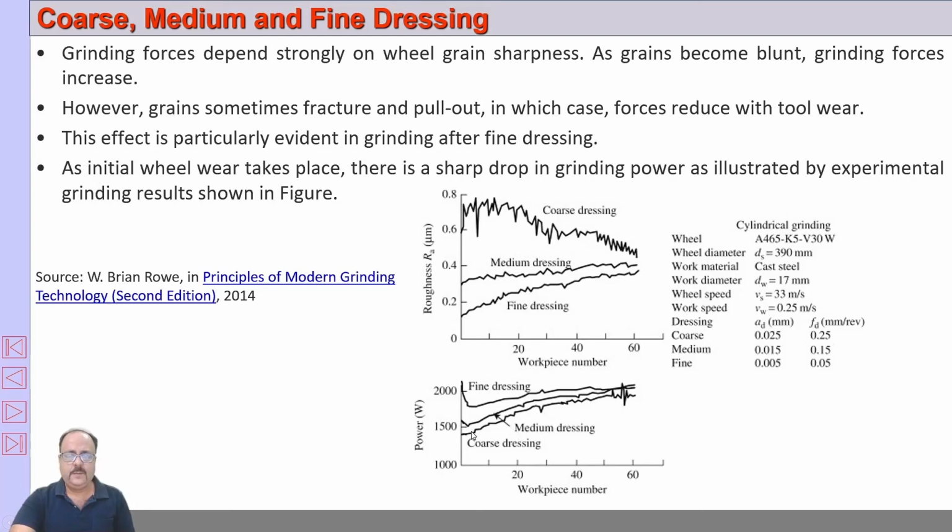Similarly, the power required in fine grain is also higher. Initially it is very, very high, then decreases, and then again increases. For coarse grain the power required is less, however it increases as the number of workpieces increases. I have taken this from the book Principles of Modern Grinding Technology, 2nd edition, 2014, by W. Brian Rowe.